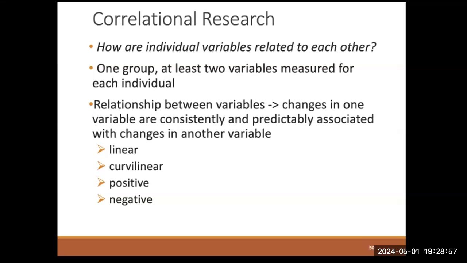So with correlational research, we're usually looking at one group and we're looking at at least two variables measured for each individual. We want to know if changes in one variable are consistently and predictably associated with changes in another. Remember, correlations could be linear, could be curvilinear, could be positive or negative.